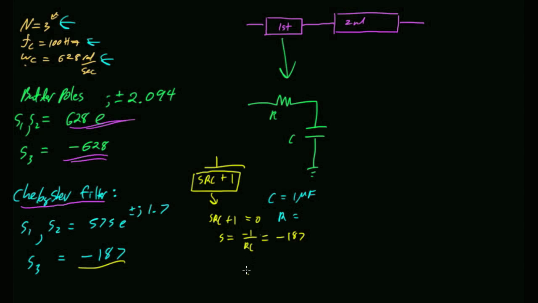My resistor is going to equal 1 over 187 times a microfarad. So I'm getting like 5.3 kiloohms. Can I get a confirmation? Yeah.